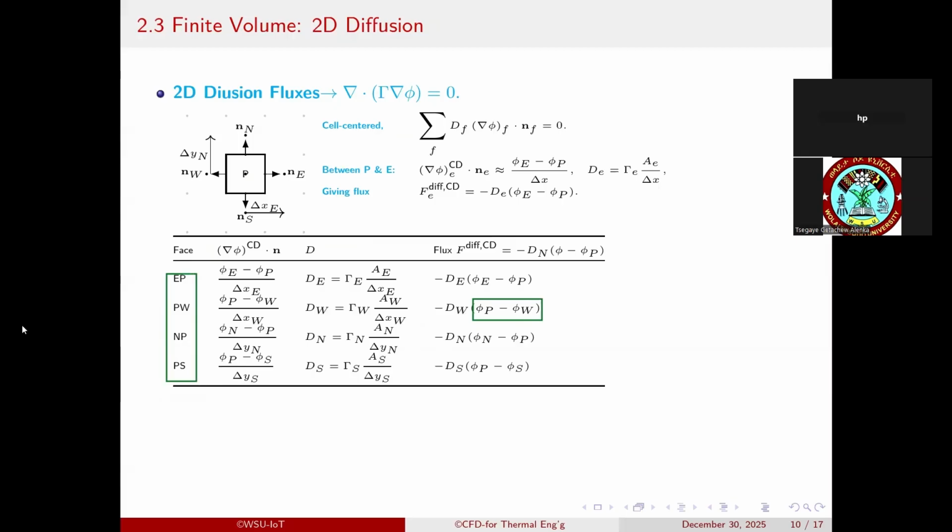Note here that the area in each direction will be different, and displacement can also be different, and flow also can be different, designated by the subscript of every face.